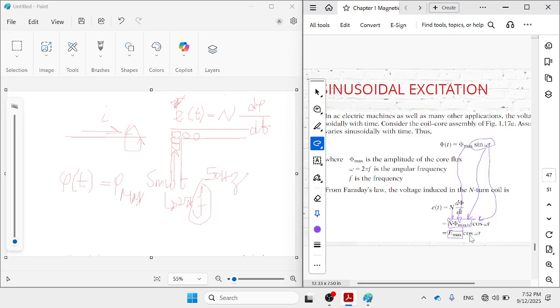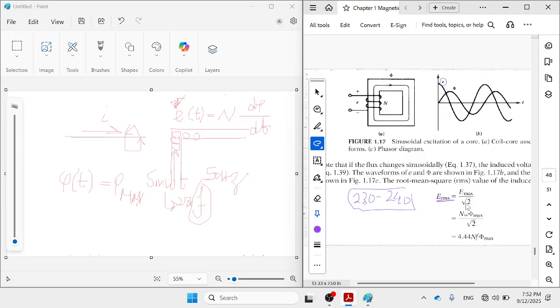Emax is here, Emax cos omega t. So it's N phi omega something over square root 2. So if we put this Emax over square root 2, you can change omega to 2 pi f. So 2 pi over square root 2, this value comes out.